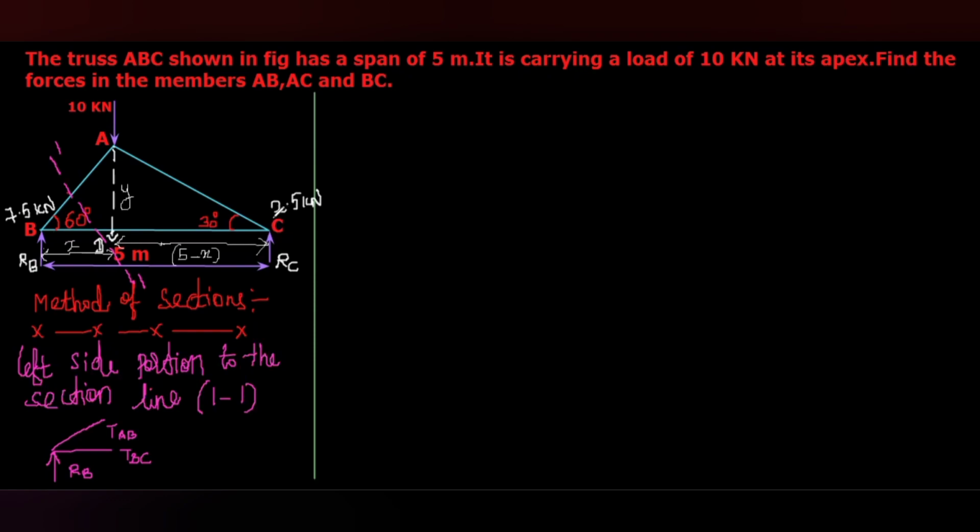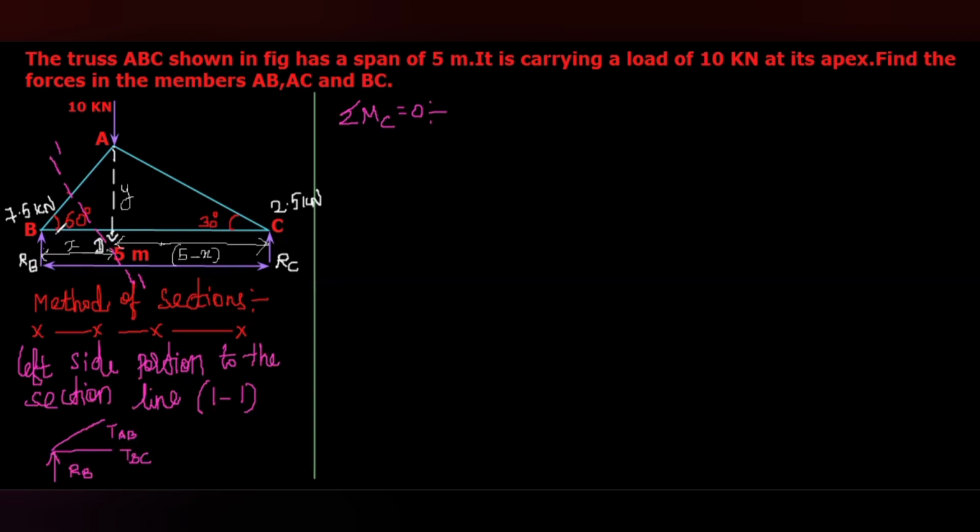Okay, so first I'm going to take the moment about C and equate that to 0. When you take moment about C, there are 3 forces, such as RB, TAB and TBC.